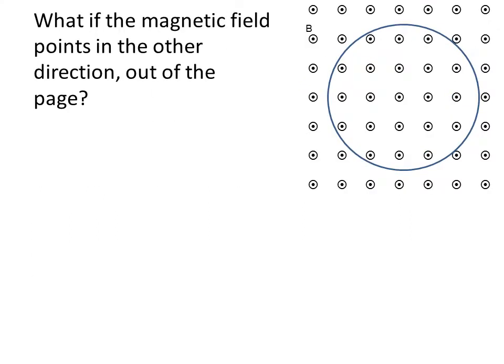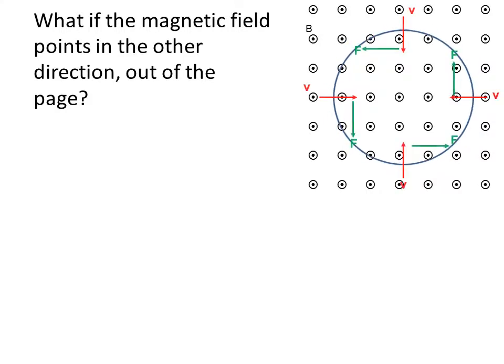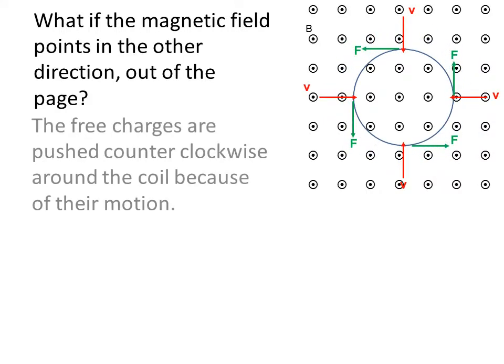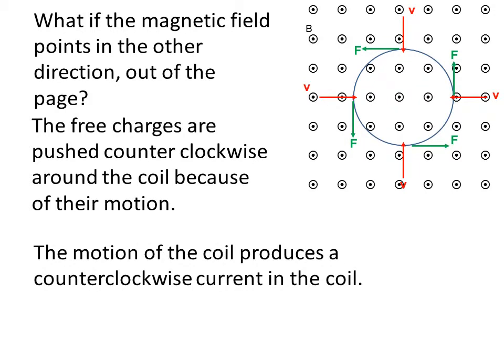What if you had the magnetic field coming out of the page and the coil shrank? You hopefully see the free charges would be pushed counterclockwise because the coil is shrinking. The coil moving in the field makes a force on the free charges and makes them move. In this case, we get a counterclockwise current and a counterclockwise voltage.